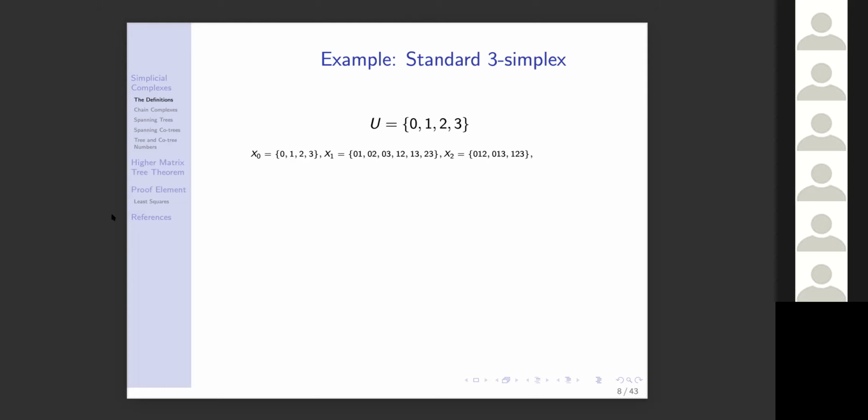There are 4 2 simplices, indicated by 0, 1, 2, 0, 1, 3, and 1, 2, 3. And there's exactly 1 3 simplex. You can indicate this by a picture where, for example, the 2 simplex 1, 2, 3 is indicated in dark gray in the picture.